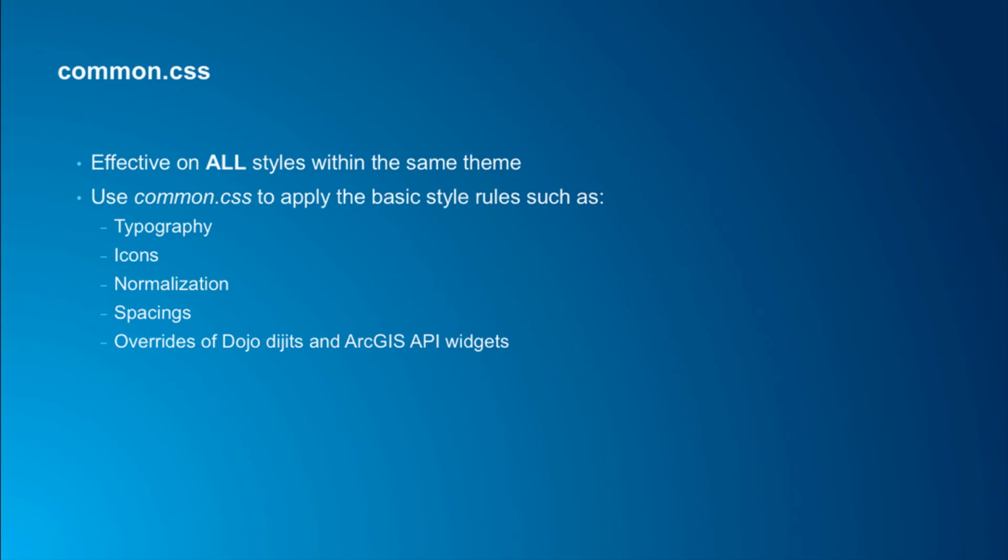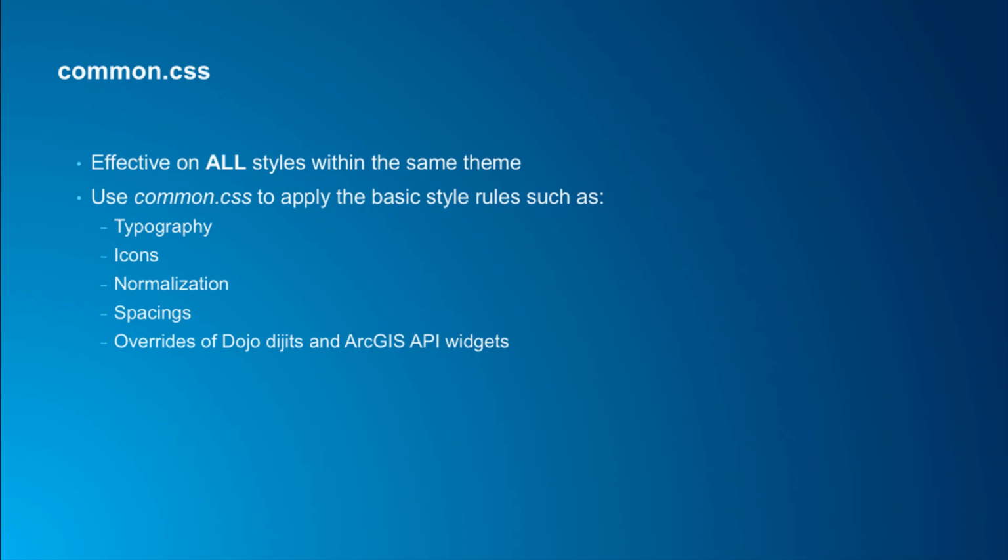So first, the common.css. One theme only has one common.css at the root level. What it does is basically overwriting or resetting any of the styles provided by the Dojo ArcGIS API or the GMU frameworks.